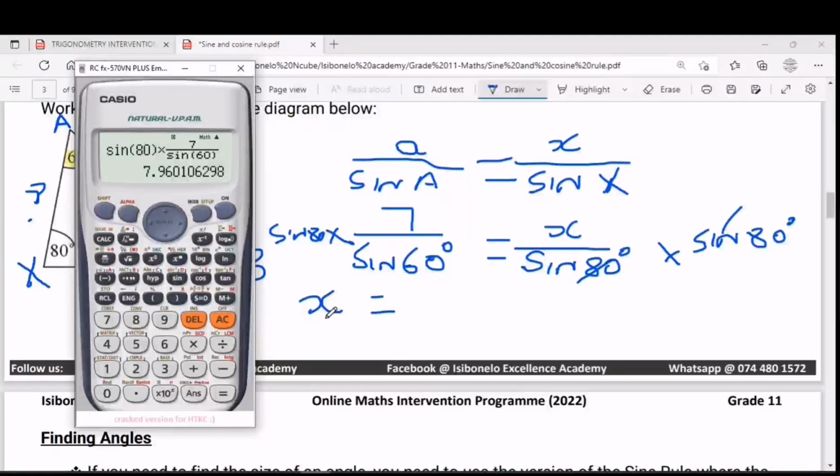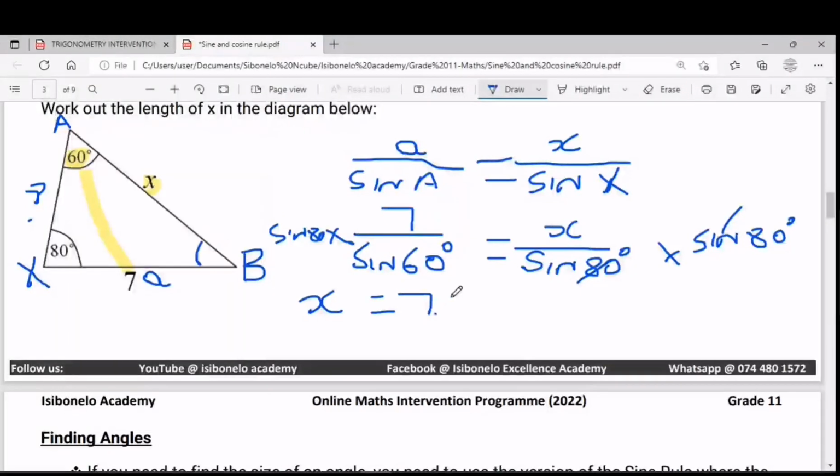The length of side x will be 7,96 units. So 7,96 units.